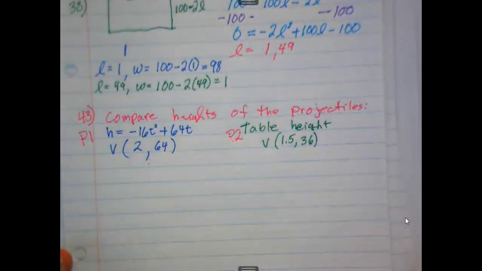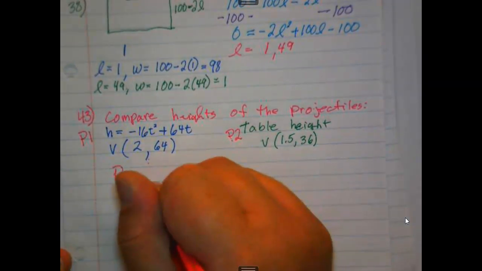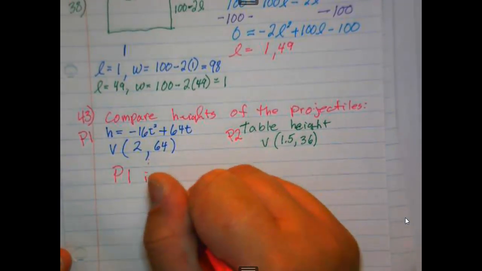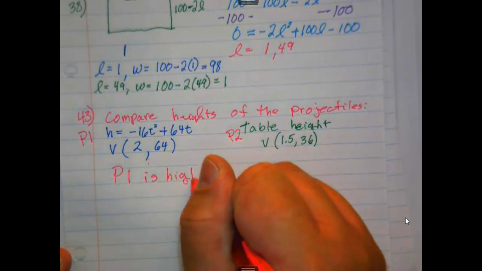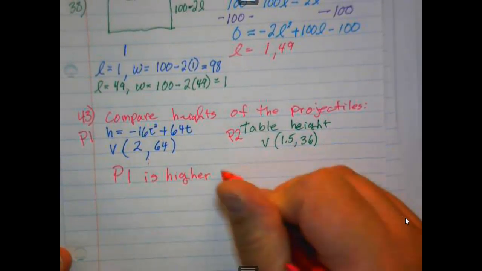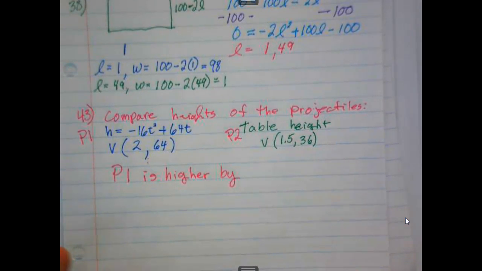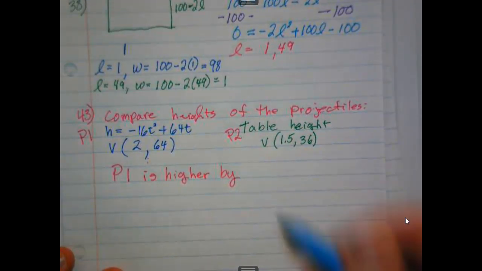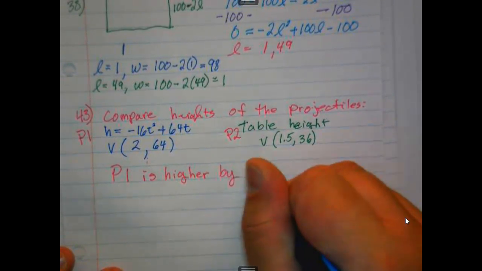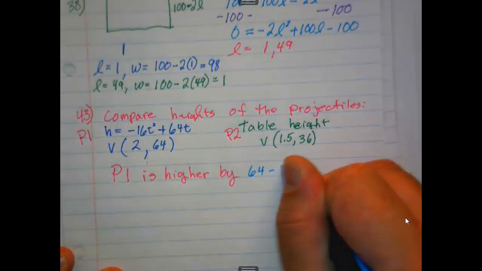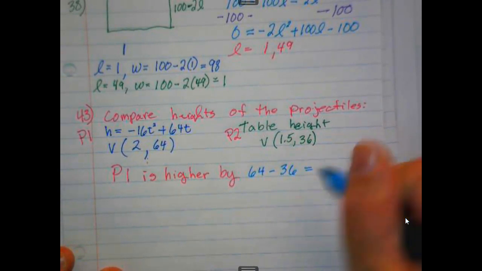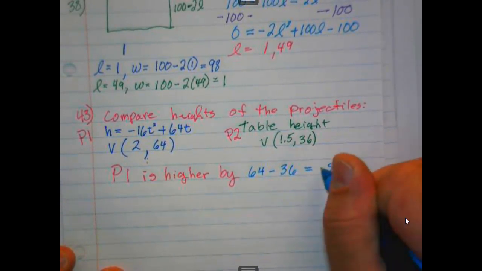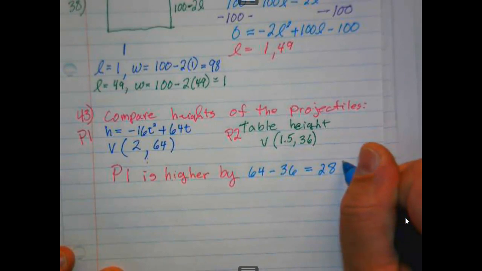So projectile 1 is higher by, they want to know by how many feet. All I have to do is take 64 minus 36, and I get 28. 28 feet.